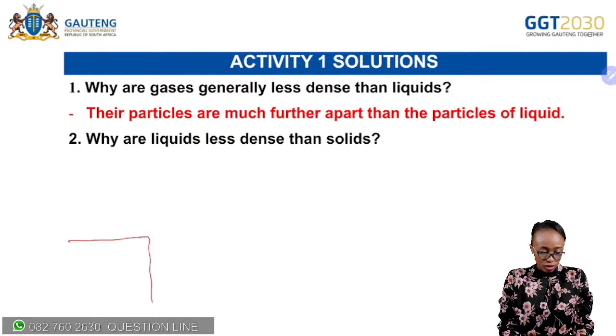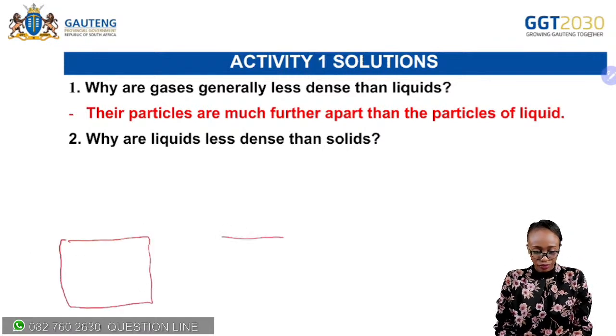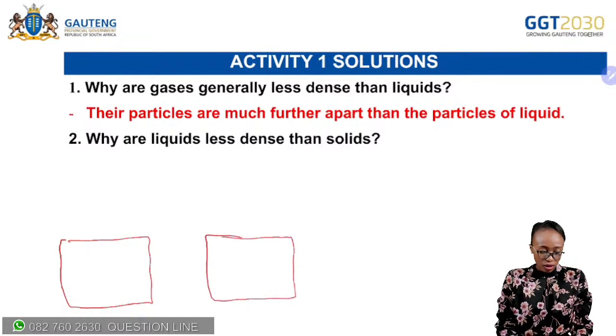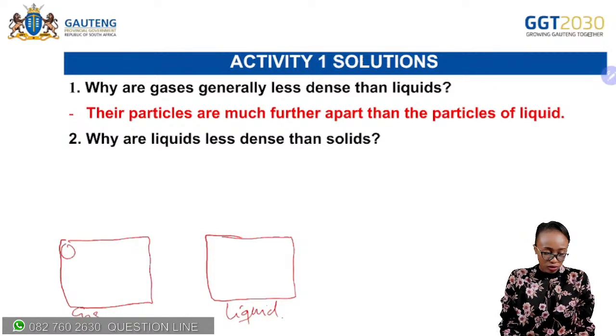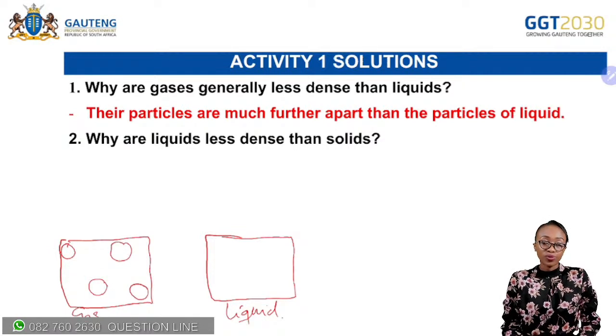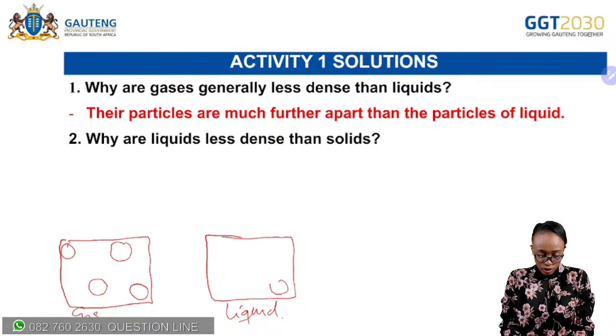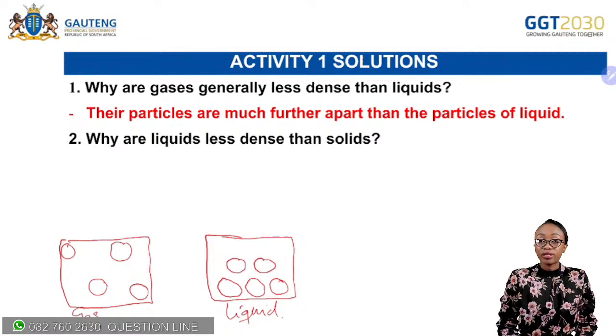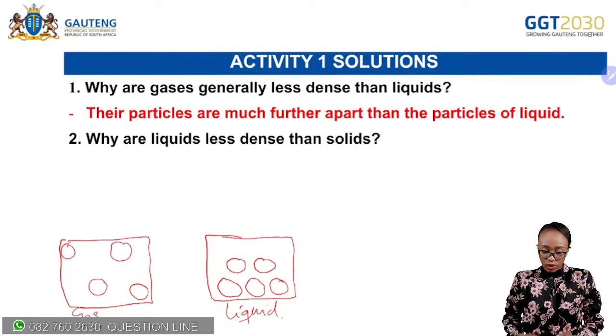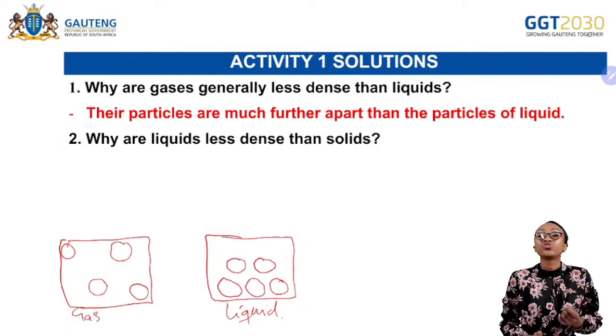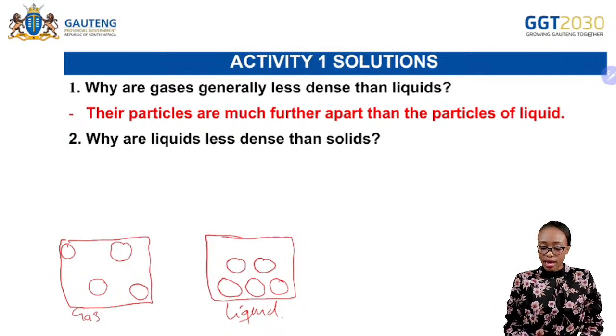If I draw 2 squares there, I'll draw the particles of a gas here and the liquid there. The particles of a gas would be spaced in that arrangement, and for the liquid there is space, but the space is much smaller than the space in the gas. So that's why gases are generally less dense than liquids.